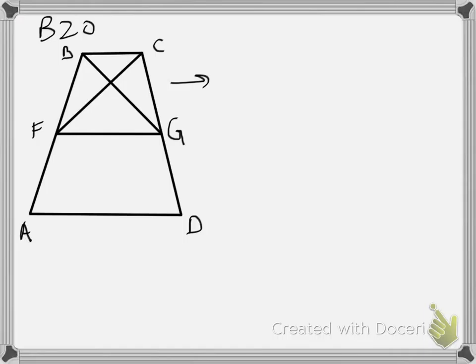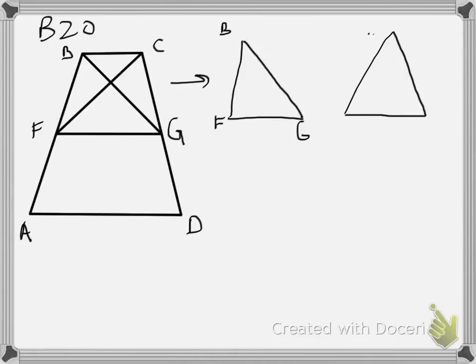It's a little sketch here: B, F, G, and then also we got this one right here. Okay, so this is C, G, F. So I broke those up.